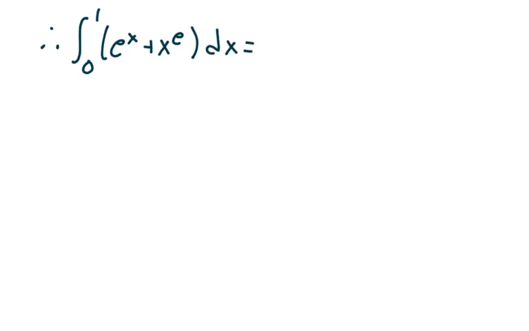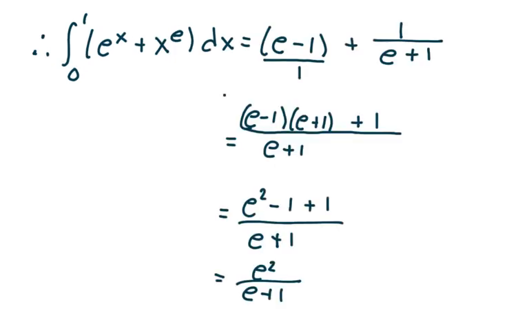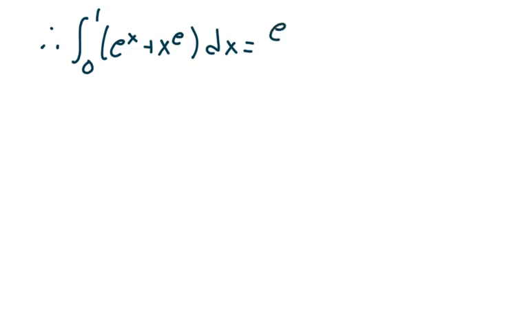So, therefore, the integral from 0 to 1 of e to the x plus x to the e dx is e squared over e plus 1.